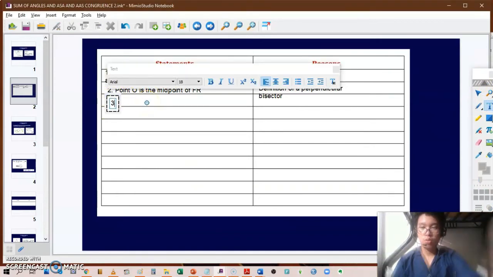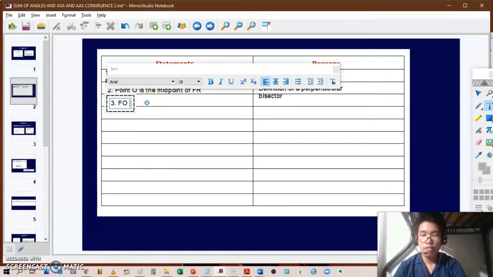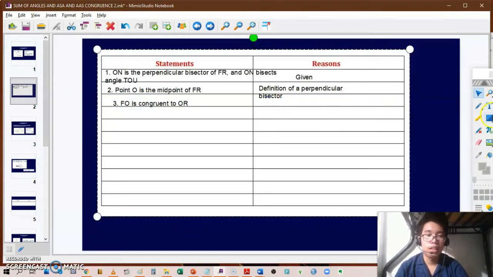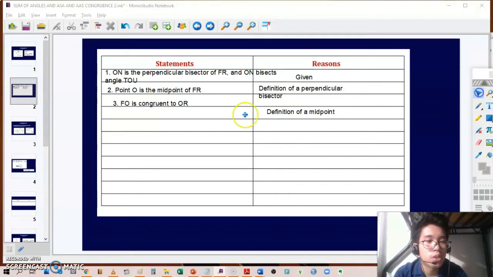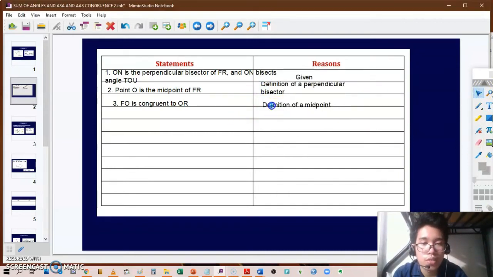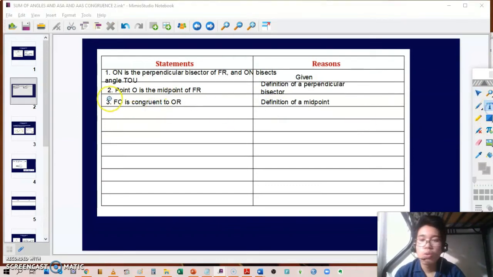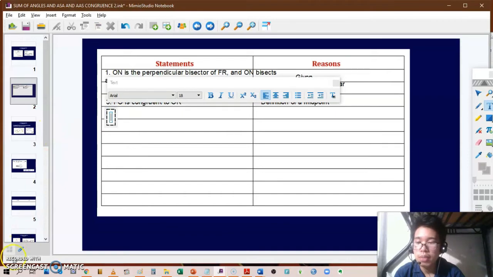So we can have that as FO is congruent to OR, and the reason for that is the definition of a midpoint. Let's just arrange our statements and reasons here.